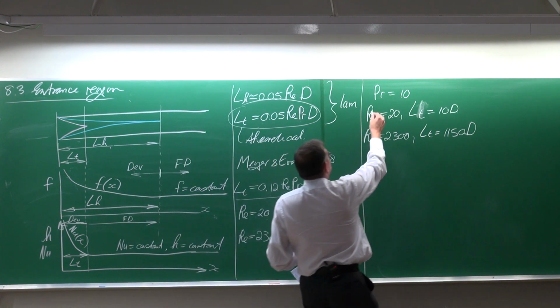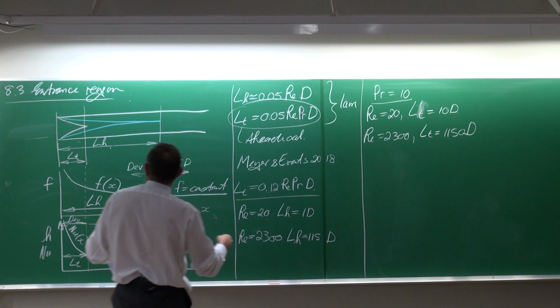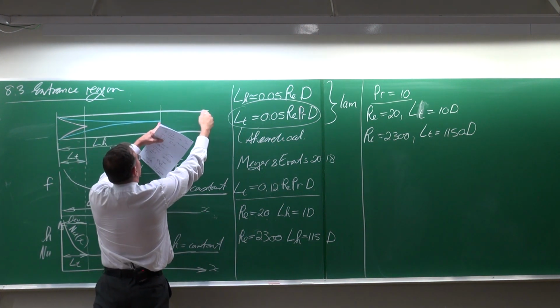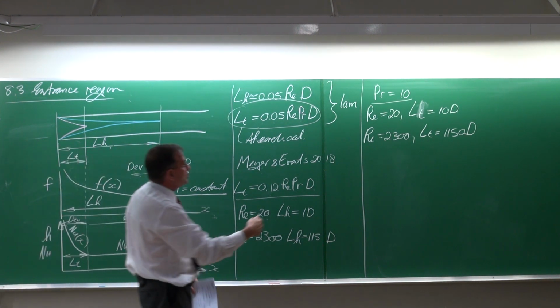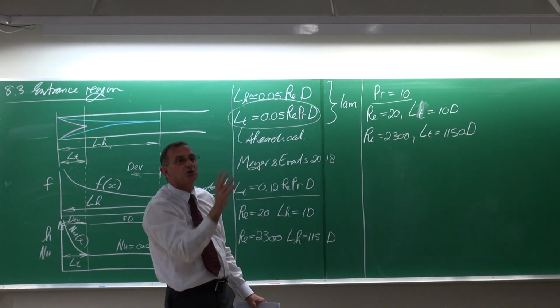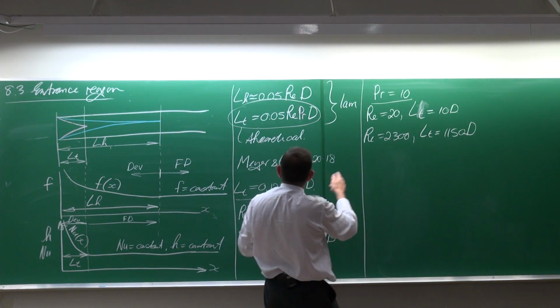So we can see that if the Prandtl number is larger than 1, the temperature boundary layer will be much longer than that of the velocity boundary layer. Prandtl numbers of order of magnitude 10 are most liquids. The Prandtl number of water is 7. Air has a Prandtl number smaller than 1.